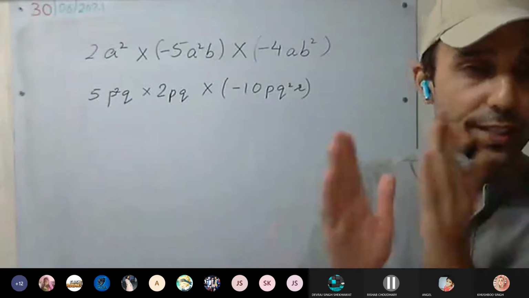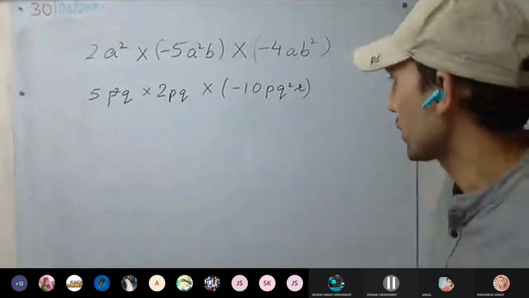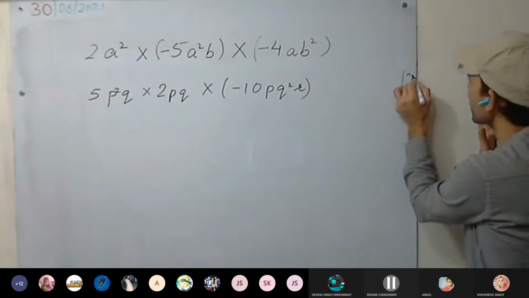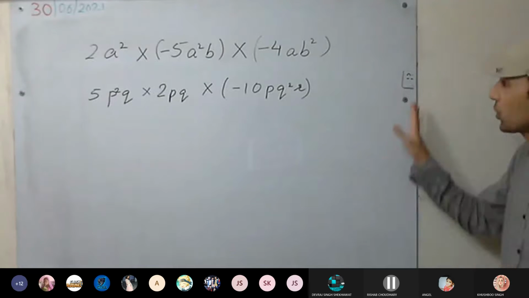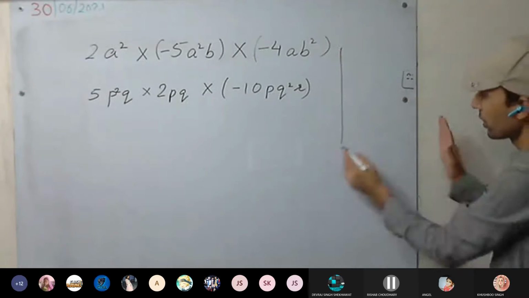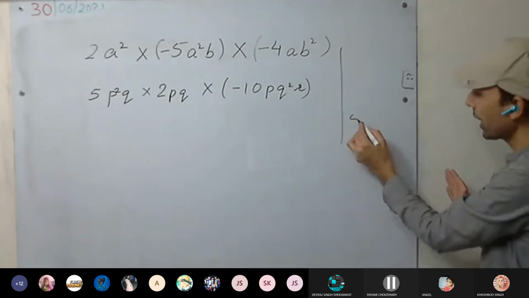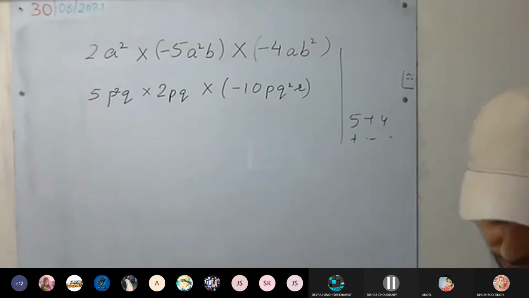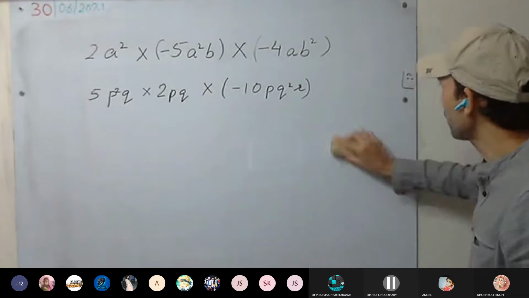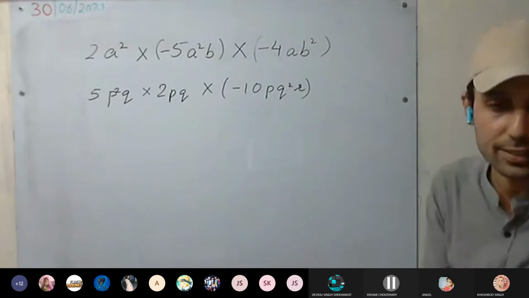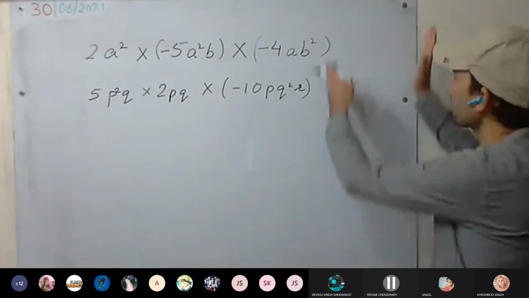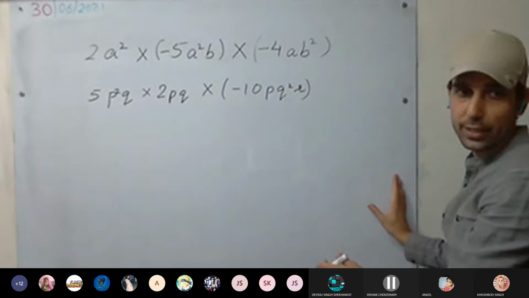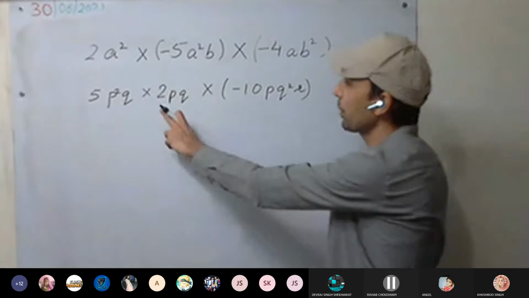Take a good amount of space for rough work. Don't do it in one corner, like this, 5 plus and this, where you won't understand what you have written. Either draw a line, keep good space, write numbers properly, and then do the rough work. Rough work must be clear. In the examination as well, draw one line on the right side, and it should be a good size. Okay, now multiply this one.